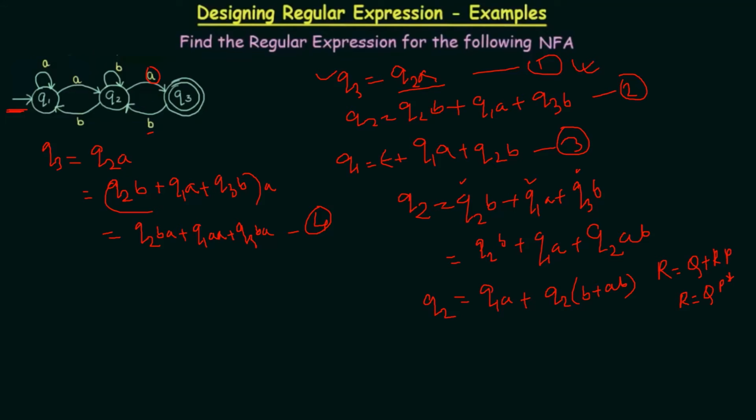So here you can say that this is my R, the whole thing is Q, and this is my R and this is my P. So the resultant is going to be Q1A into P, that is B plus AB, whole of this star. So let's call this equation number 5.